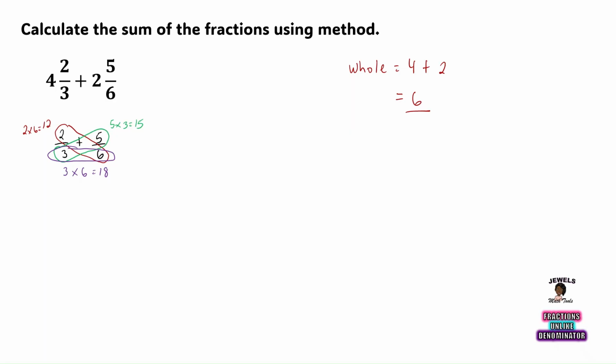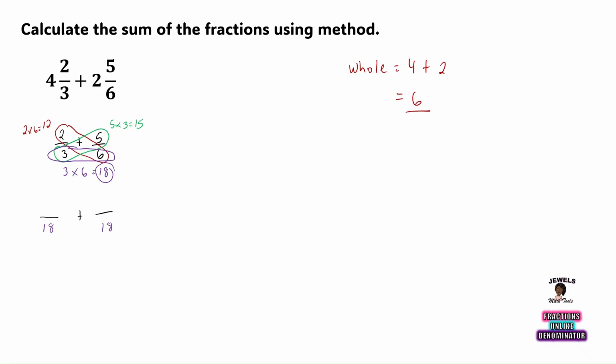Now, once we are done with our multiplication, we are now going to begin putting our fractions together so that we can begin with our final phase. So the first thing we're going to do is identify our denominator. So the numbers that we multiply at the bottom, which is 3 and 6, which gave us 18. 18 will become the new denominator for both of our fractions.